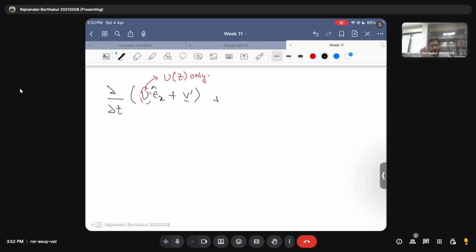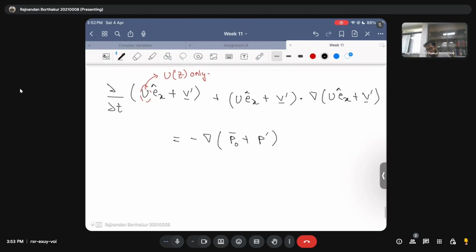The second term is, remember, v dot grad v, so this becomes u ex plus v prime, dot grad of u ex plus v prime. Okay, this is v dot grad v, and then I have minus gradient of pressure, which is gradient of p naught bar plus p prime. Okay, but I know that p naught bar is just a constant, which means this just simplifies to gradient of p prime.